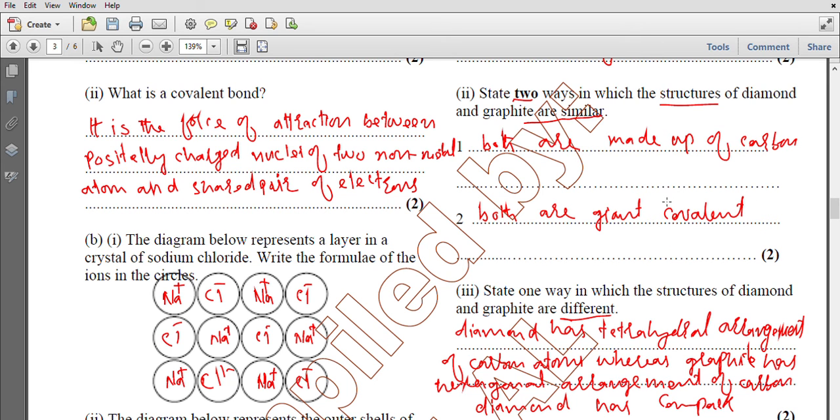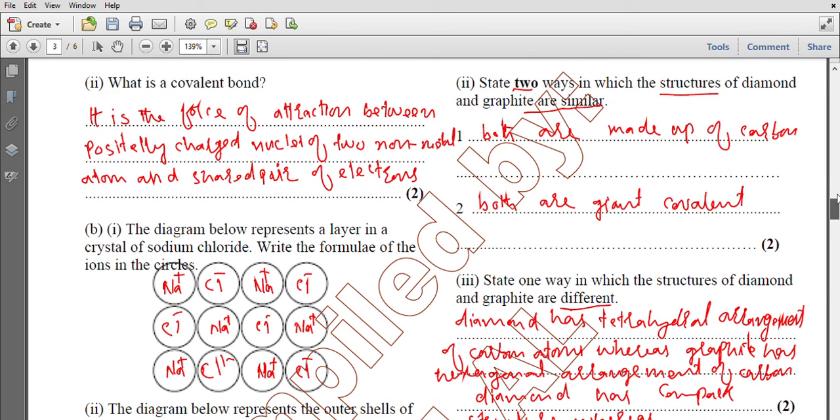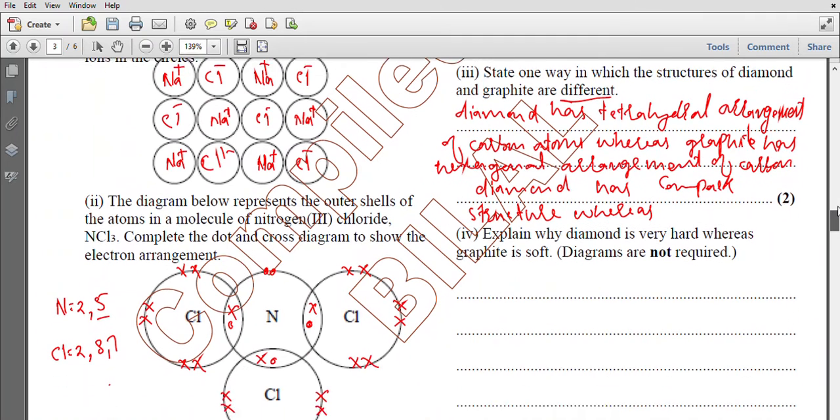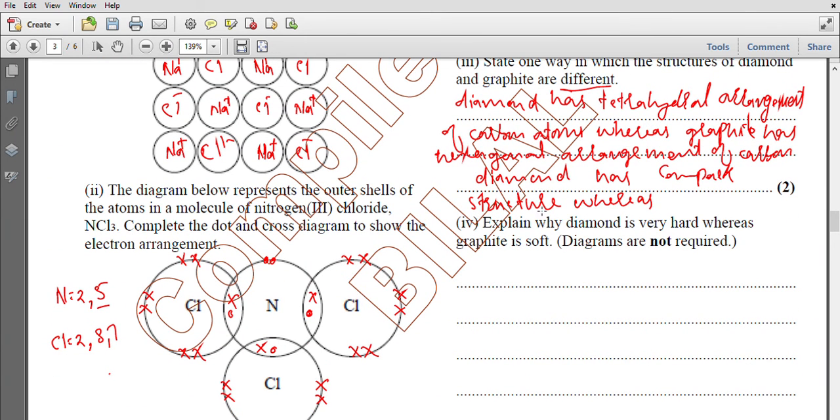So these are the similarities, and we noted down the differences earlier.